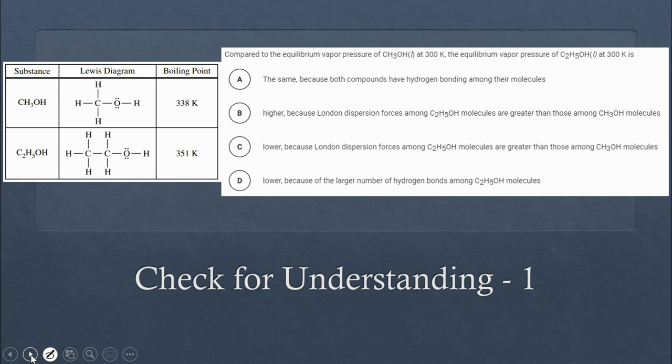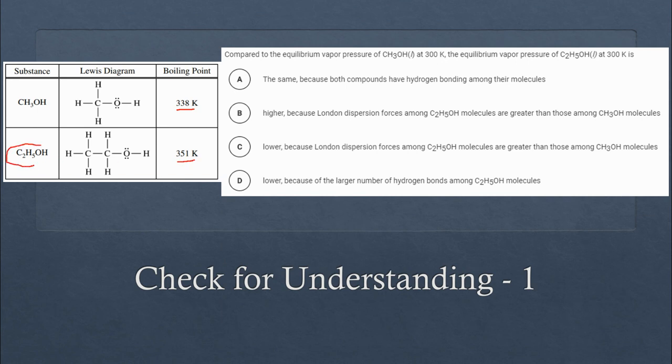Check for understanding. Compared to the equilibrium vapor pressure of CH3OH at 300 Kelvin, the equilibrium vapor pressure of C2H5OH at 300 Kelvin is which of the following? There are a few hints. First, notice the boiling points.